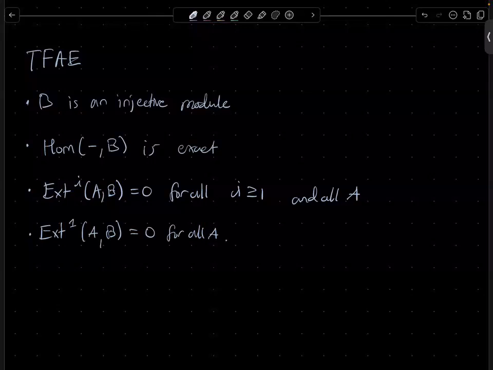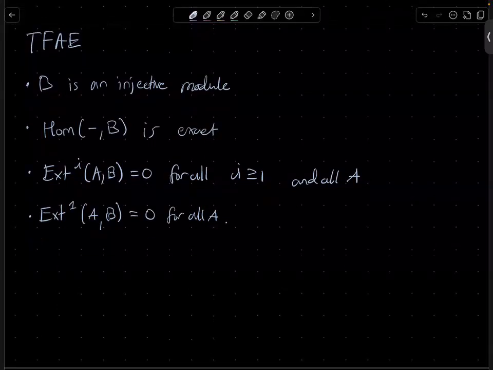Similar to before, but it's curious that I've written the same Ext, but somehow, depending on which entry you vary, if it's 0 for all A or all B, they characterize injective or projective.